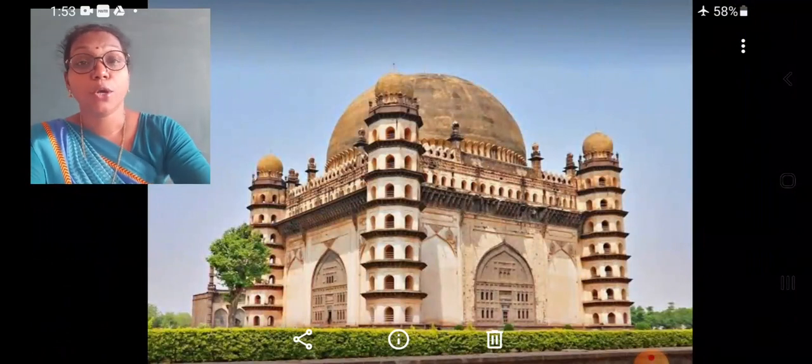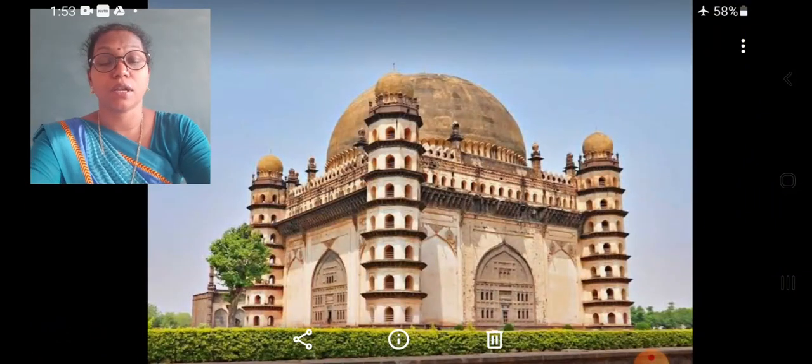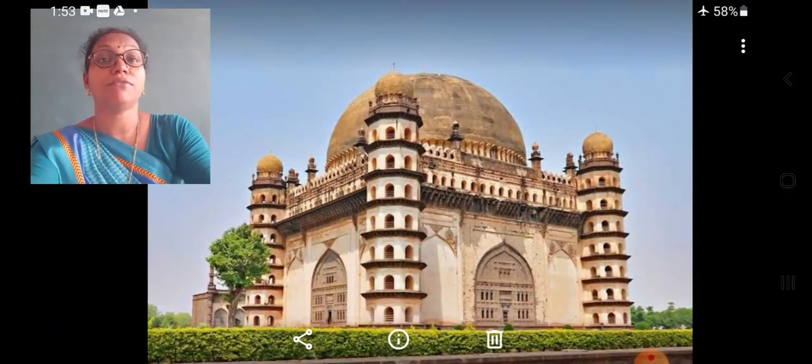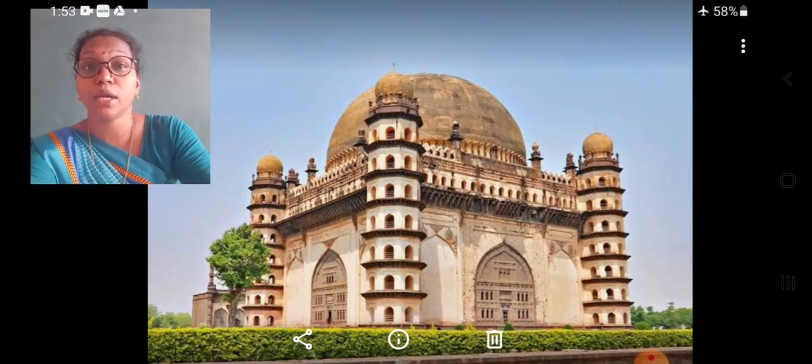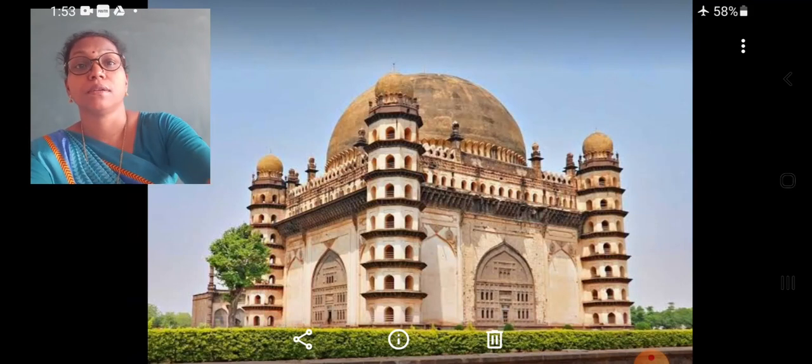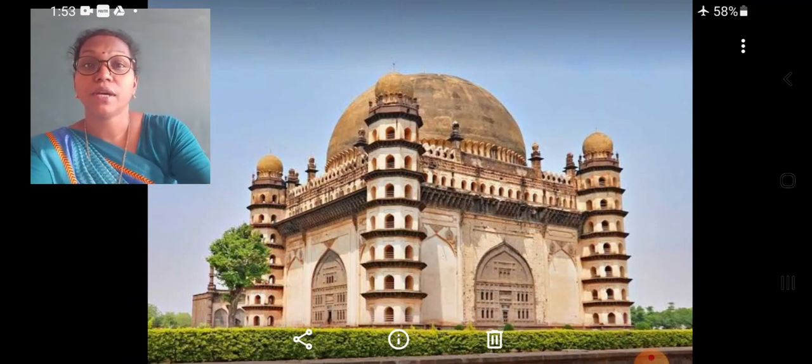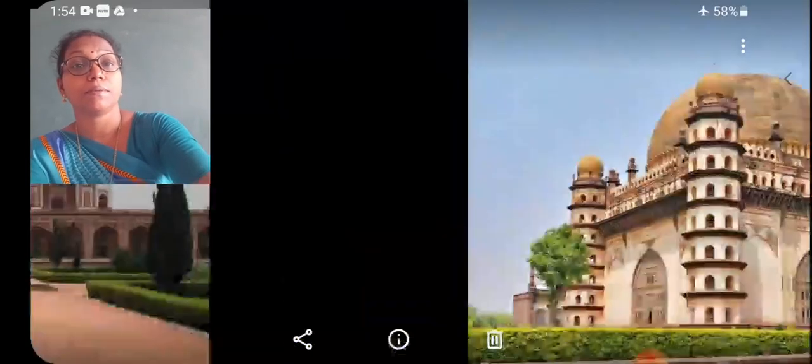The Indo-Islamic architecture was developed after the invasion of Muslim rulers. In the Sultanate period and in the Mughal period, they made the buildings with large domes. Domes are hemispherical roofs. Their base is square in shape.